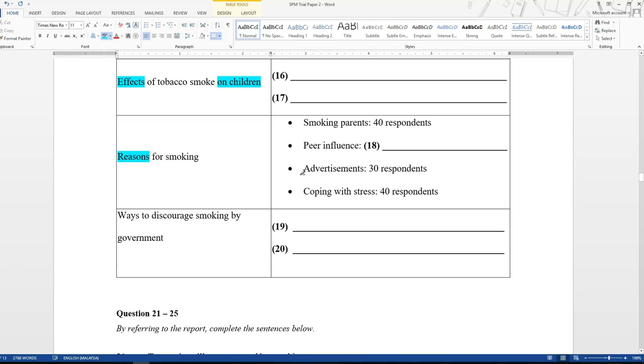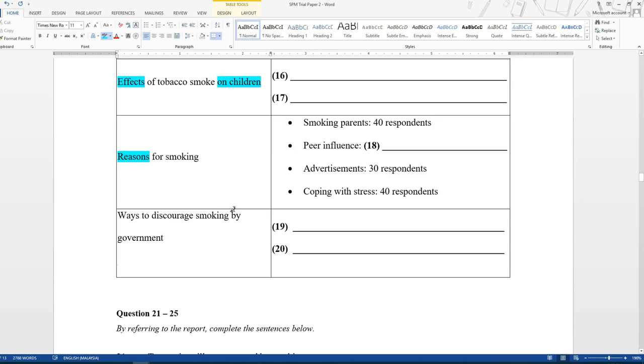And then the next one is advertisements. There are 30 respondents. And the last one is coping with stress. So they handle stress by smoking. 40 respondents. So this one, number 18, they need you to fill in the blank with how many people responded with this reason, which is peer influence.